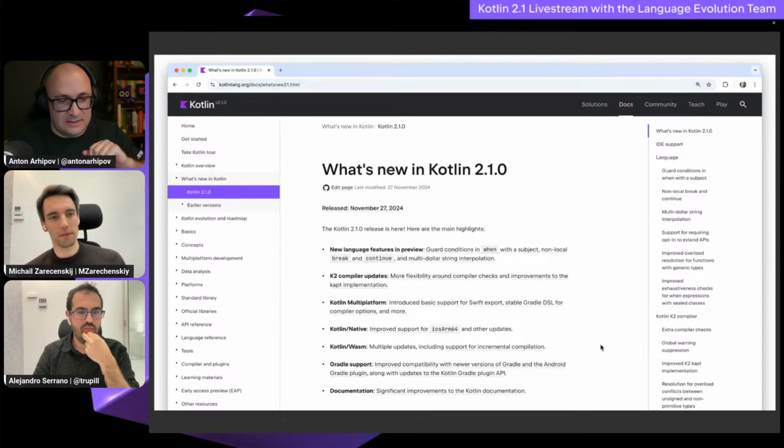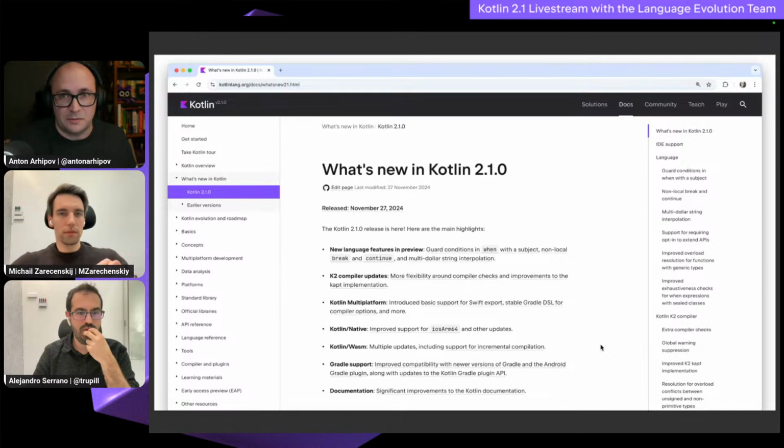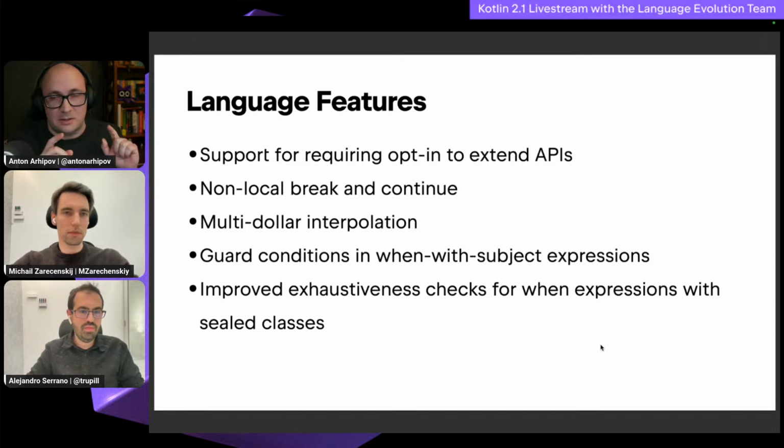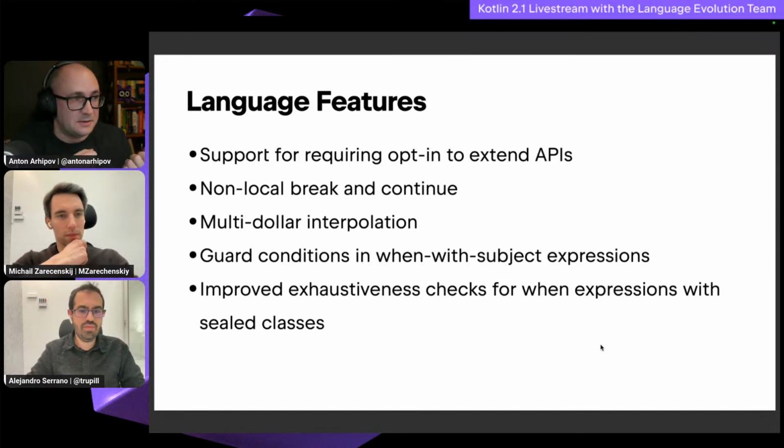But let's take a look at the language features that we are going to talk about today. There is a list, and we're going to go through this list one by one. We're going to look into the details and try to explain the design decisions and bring up some examples, maybe real-life examples, of why this feature is useful.